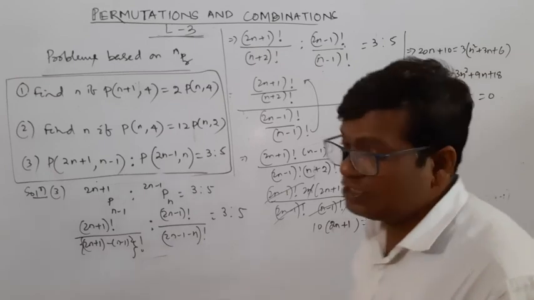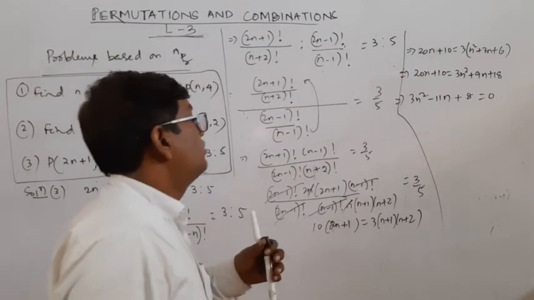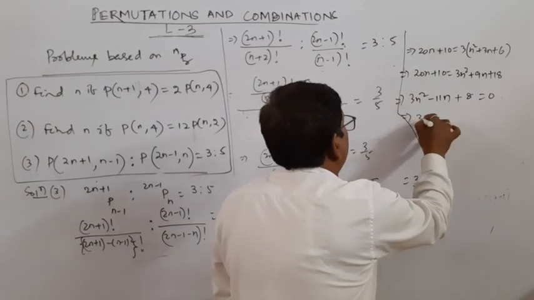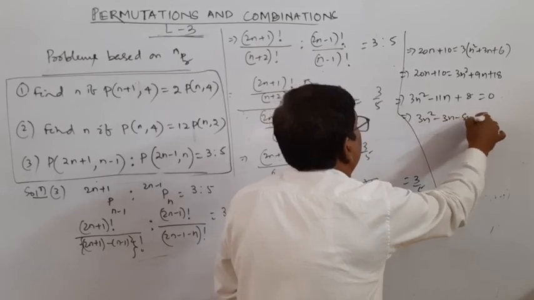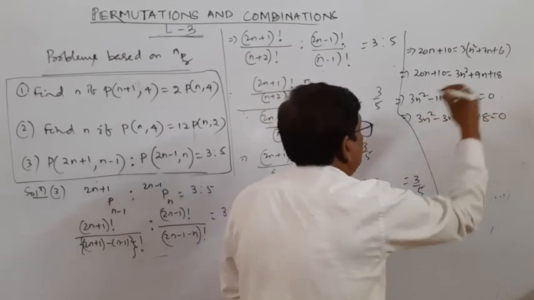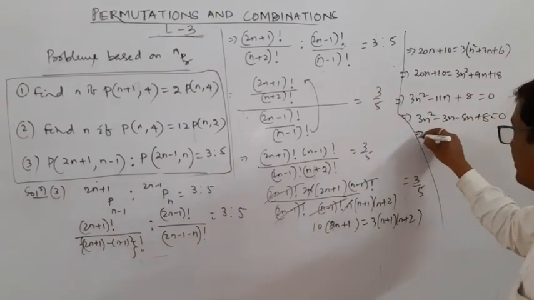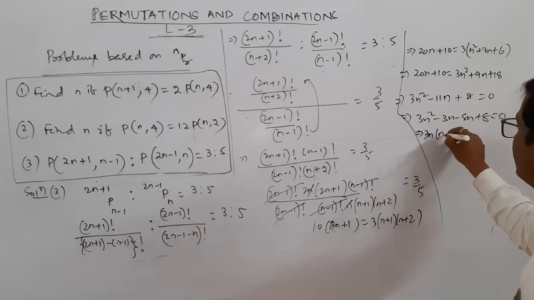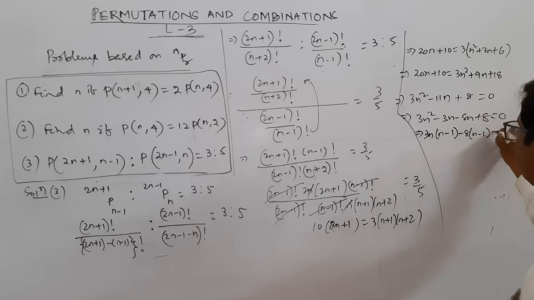The numbers which multiply to 24 and add to 11 — break the middle term. So 3n square minus 3n minus 8n plus 8 is equal to 0. Taking 3n common, n minus 1, and minus 8 common, n minus 1, is equal to 0.